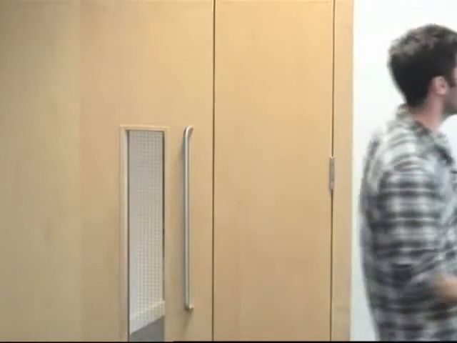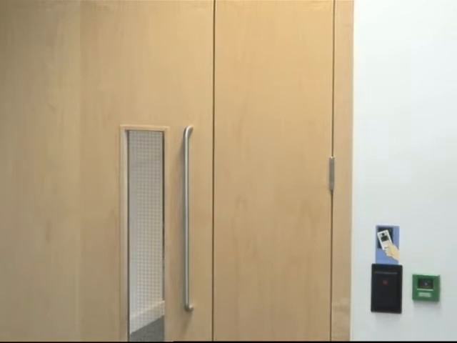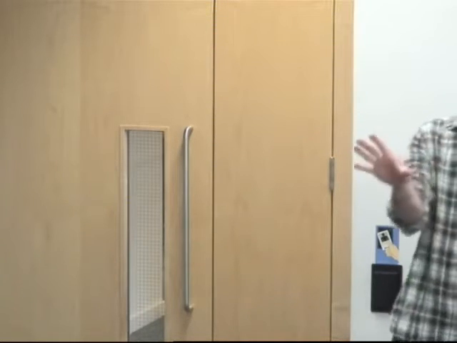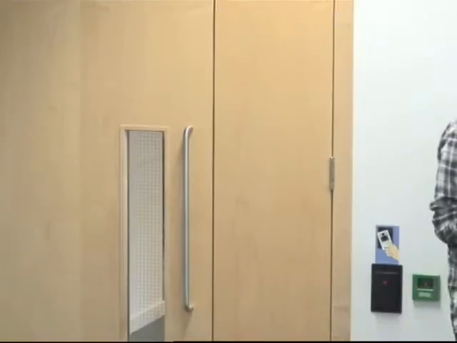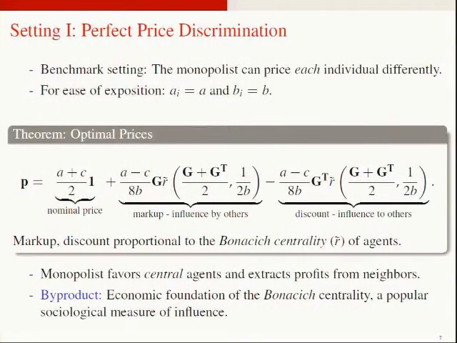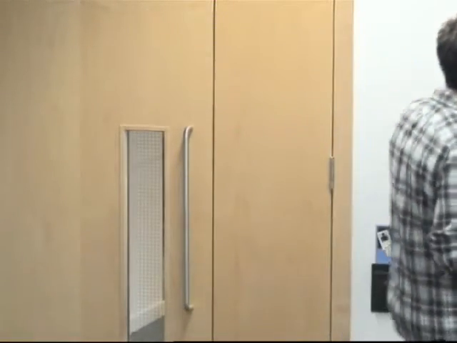And they're identical except that here we have G and there we have G transpose. It's like how much mass is leaving the agent versus how much mass is coming in. So this intuitively proves what you would expect, that the monopolist wants to favor central agents by offering them deep discounts.